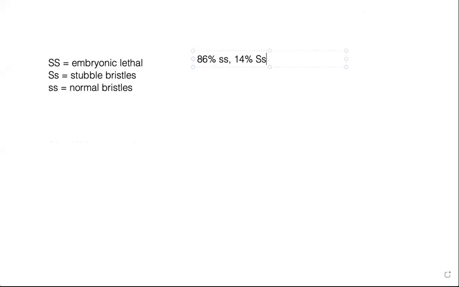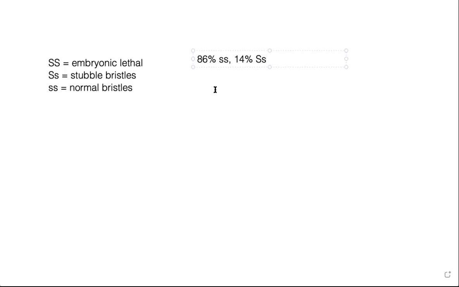The simple way to do this is just to remember that if you have a population where you just have percents, but you don't have raw numbers, the frequency of any allele is equal to the frequency of the homozygotes plus half the frequency of the heterozygotes. So the frequency of the little s allele is 0.86 plus 0.07, which is going to be 0.93.